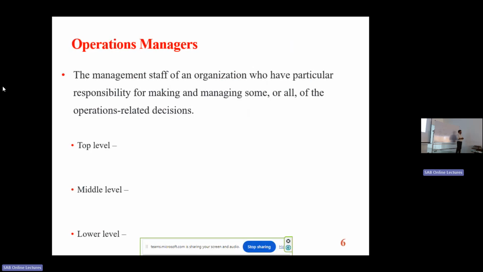So those are middle level positions. In fact, we can consider assistant production manager also there, under the supervision of production manager, factory manager, operations manager. Assistant managers are also at the middle level. So they make decisions under the guidance of top level.